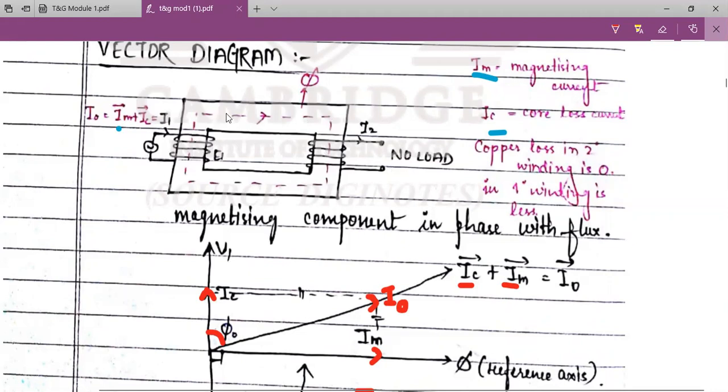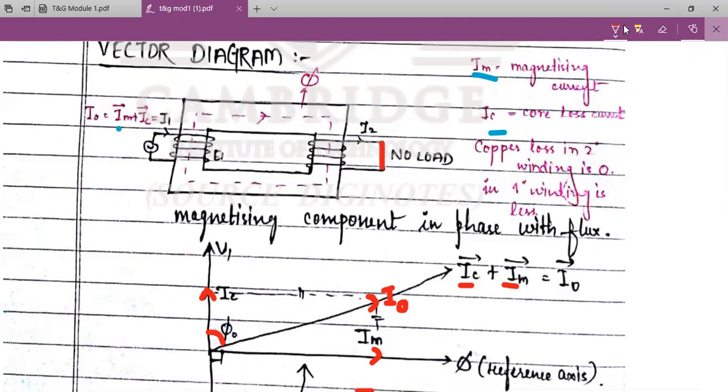On no load there is only core loss in a transformer. If you do the short circuit, then there will be only copper losses.